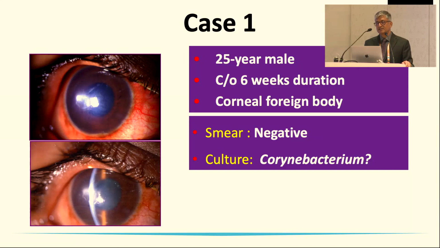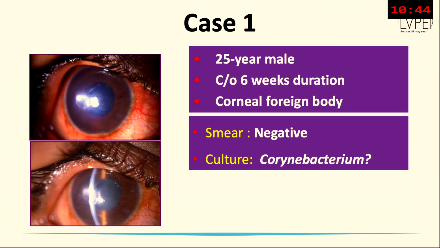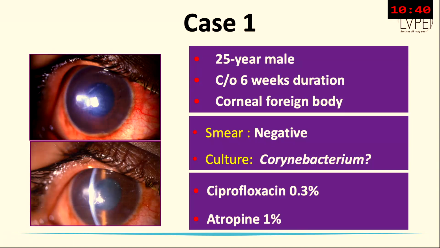We did corneal scraping and could not identify any organism both on the smear and culture. So we treated at that point of time with ciprofloxacin monotherapy because that was the most common way corneal infections were being treated. Patient showed some response.